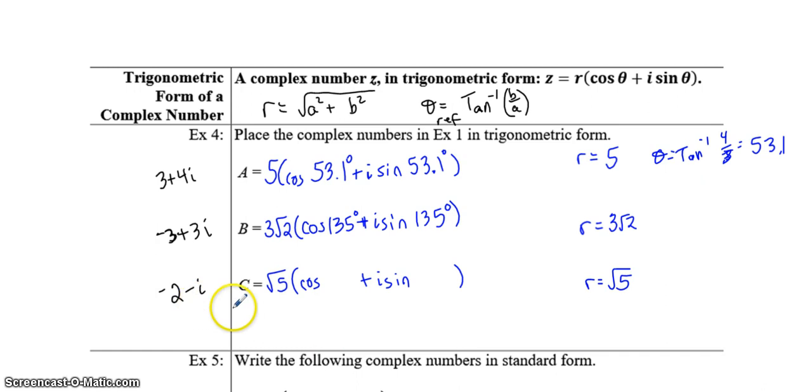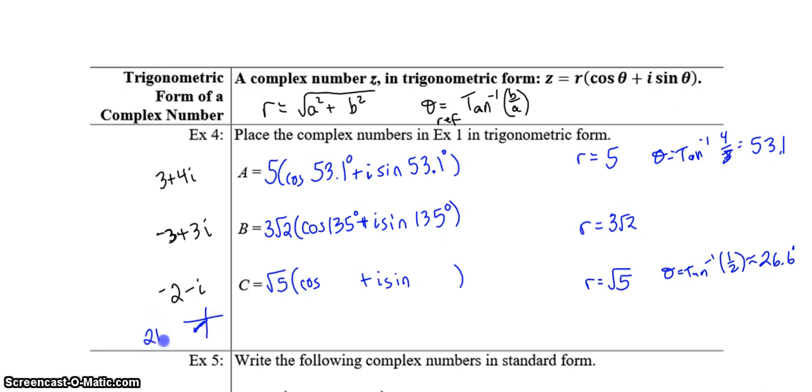What was it? Well, let's see here. Our reference angle is inverse tangent of 1/2, which I punched in already, 26.6. Now where is this angle? What quadrant is that in? Negative real, negative imaginary, quadrant 3.